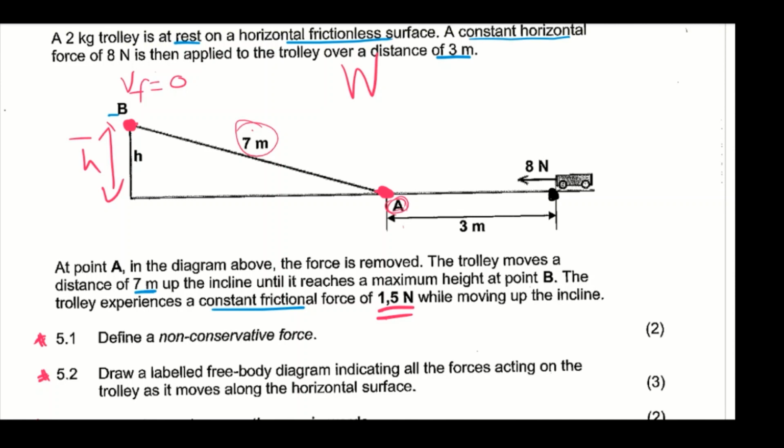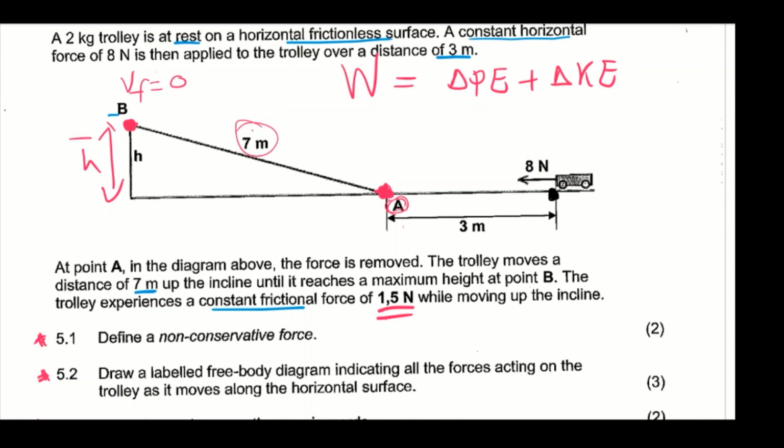If you want to write your work done, you can just say work done is equal to the change in potential energy plus the change in kinetic energy. On your left-hand side, you can simply involve friction, because it's the only force acting on this object on the incline.